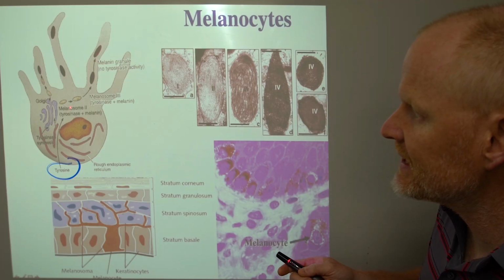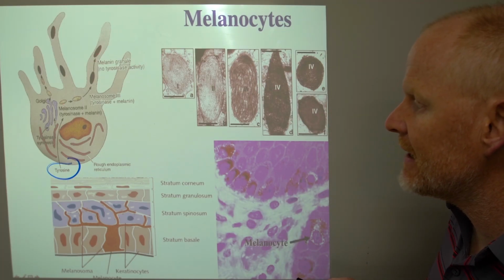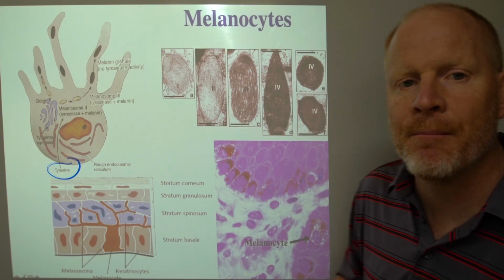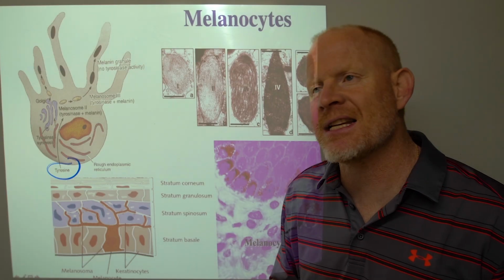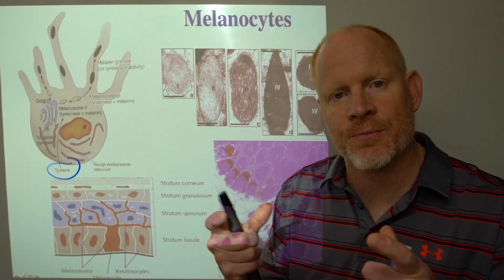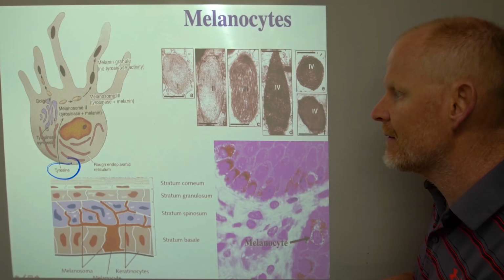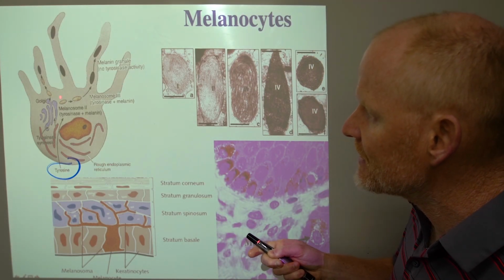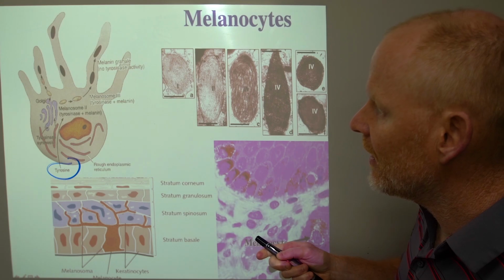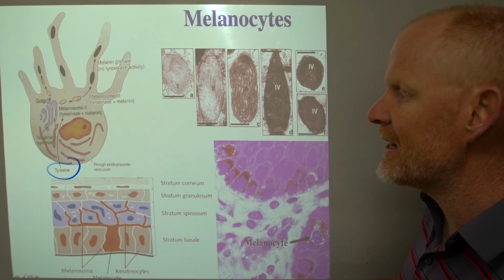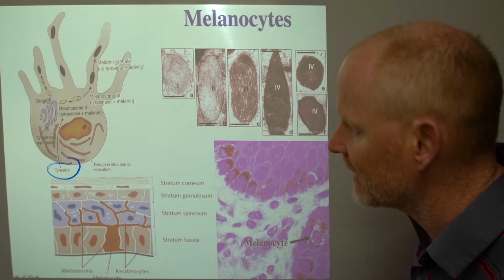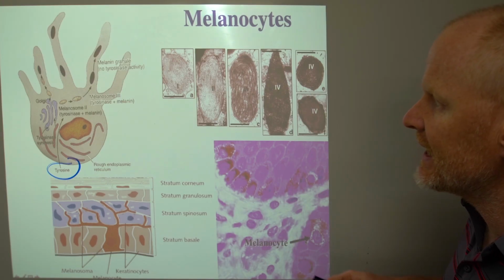This enzyme is going to convert tyrosine into melanin. Basically, it's a process of hydroxylation, adding OH groups to tyrosine to form melanin. That happens over time and accumulates on the protein fiber matrix that's laid down in the melanosome. So that process takes time.